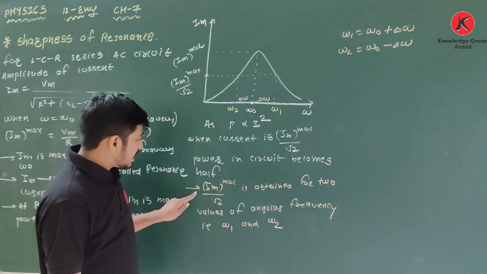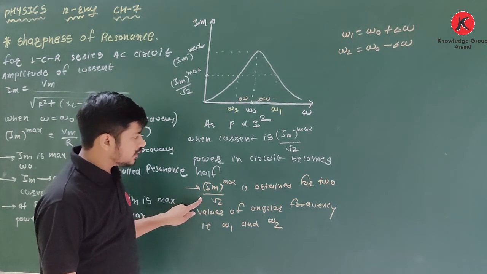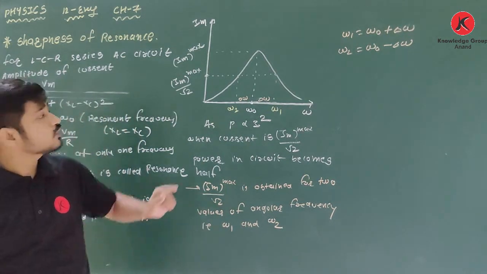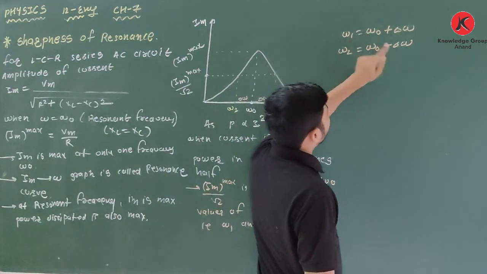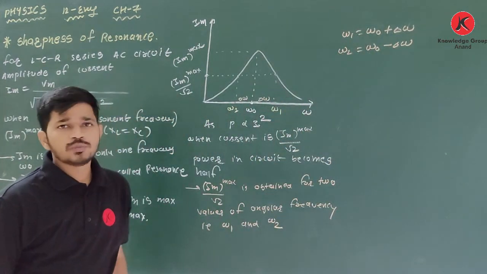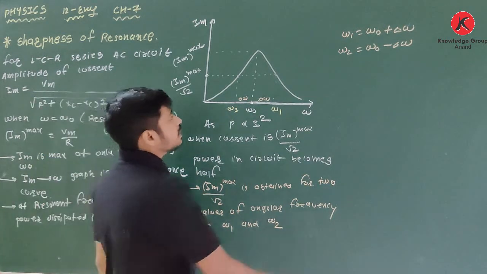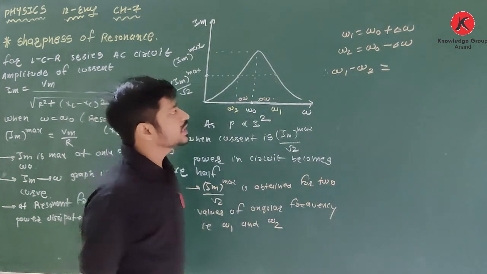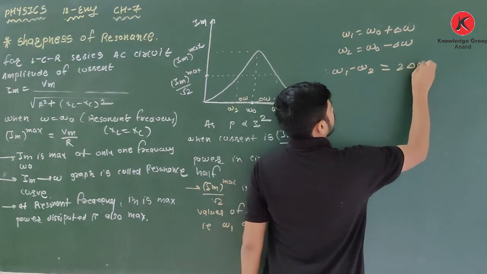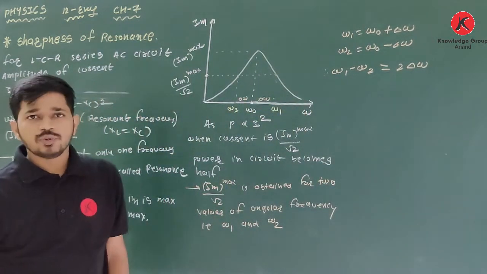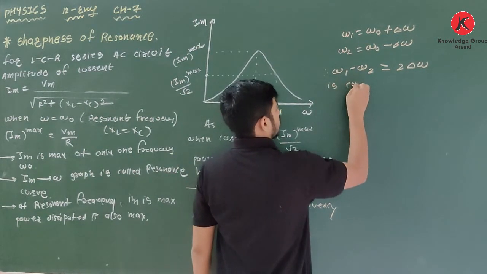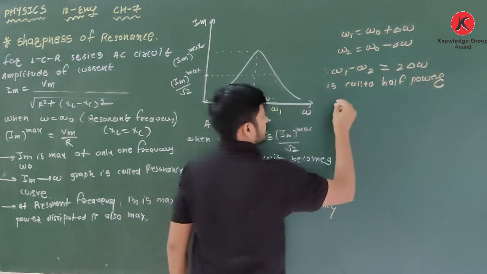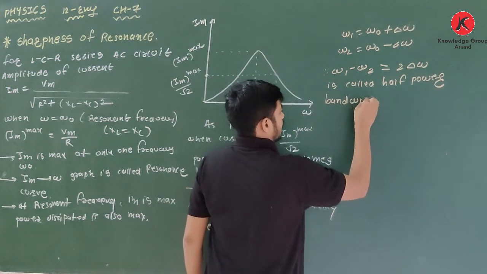So Im maximum upon root 2 is obtained for two values of angular frequency, omega 1 and omega 2, where we have assumed omega 1 is equal to omega 0 plus delta omega and omega 2 is equal to omega 0 minus delta omega. If I take the difference, omega 1 minus omega 2, it becomes 2 delta omega. It is called the half power bandwidth.